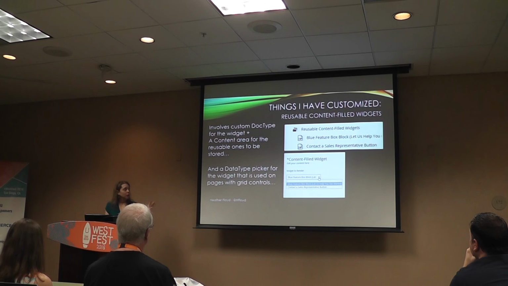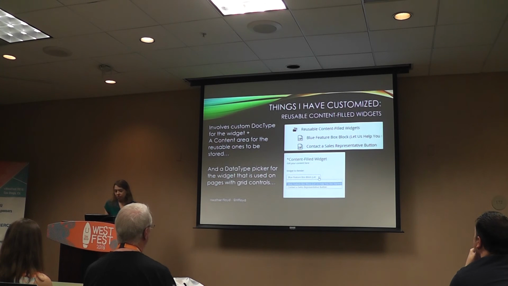Because keep in mind, all of your grid content is stored just as a JSON blob on that document type. These are not nodes that are linked necessarily. So I said, well, let's build some nodes that are linked. So we created a different sort of doc type called a reusable content widget. And we got a little folder in the content tree so people can create them. And then I just created a widget that was essentially a drop-down to pick one of these.